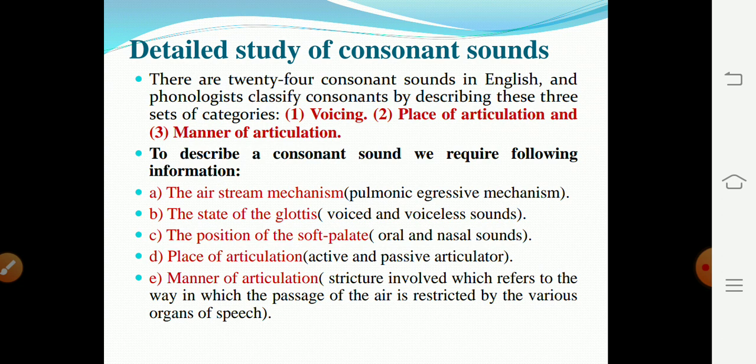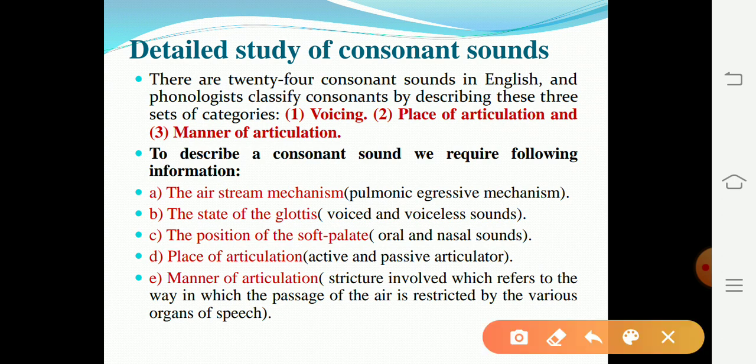Okay. Now we are going to do the detailed study of consonant sounds. We are going to take the voicing status, place of articulation and manner of articulation. As we all know, there are 24 consonant sounds in English, and phonologists classify consonants by describing these three sets of categories: voicing, place of articulation, and manner of articulation.